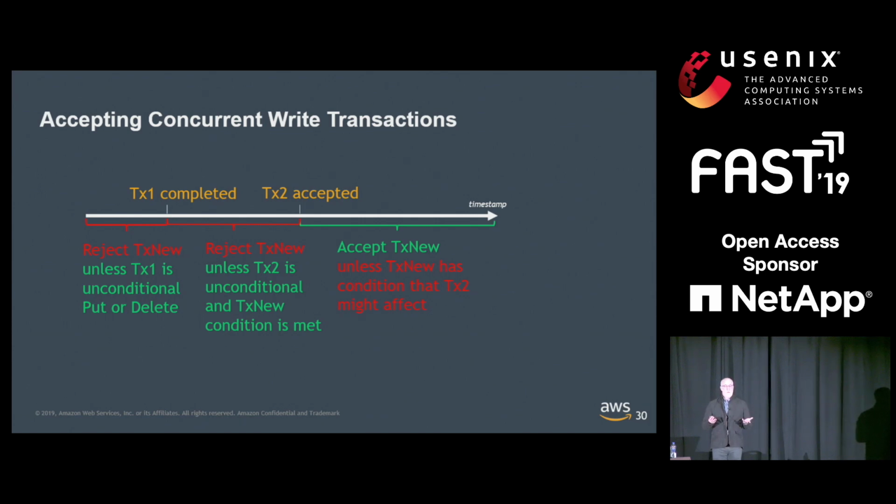If this new transaction has to check the condition of this item, but that item hasn't been written yet by the previous transaction, then we don't have enough information to be able to say that that condition is met, in which case we have to reject the transaction. If the new transaction comes in and has no condition on it for this item, then go ahead and accept it. Okay, so again, there are scenarios where we can have multiple conflicting transactions where one of them would be tossed out in a locking scheme, but in a timestamp ordering scheme, we can allow them both to proceed.